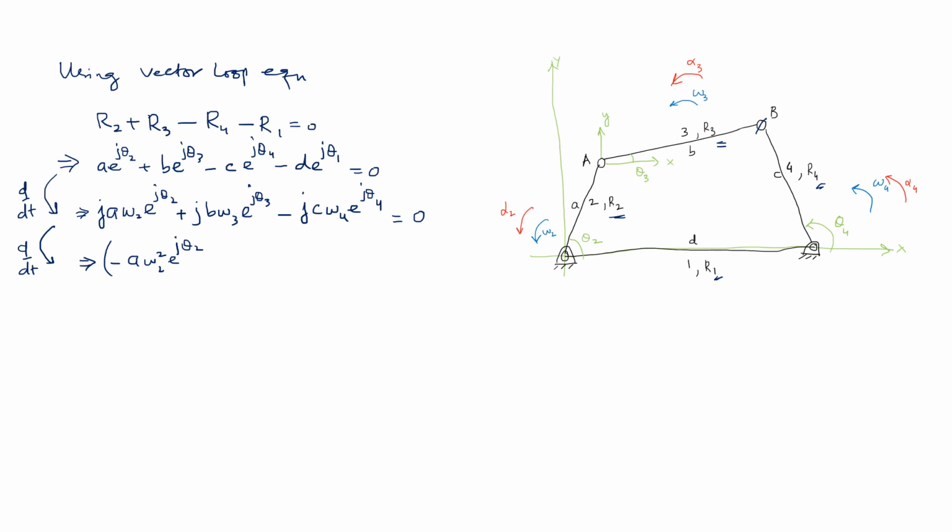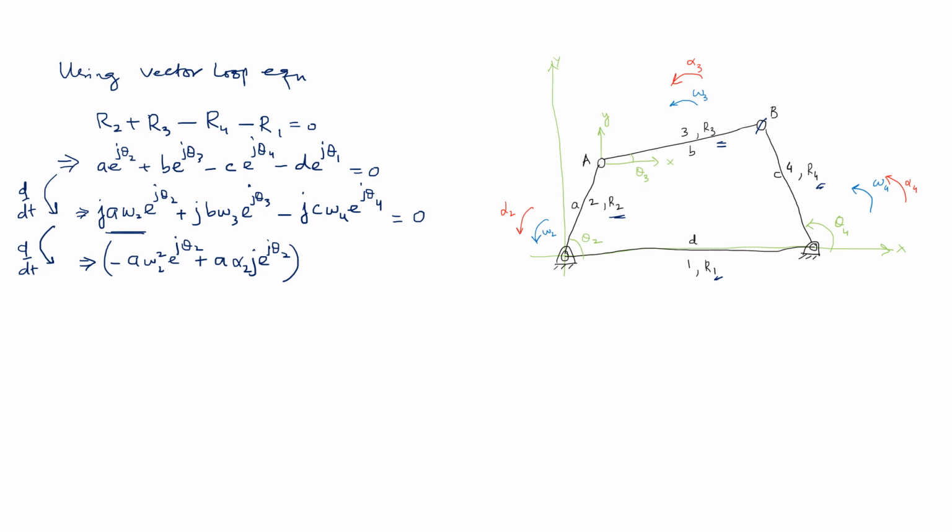So that is a alpha 2 j e raised to power j theta 2. This corresponds to the very first term over here, differentiated once again.